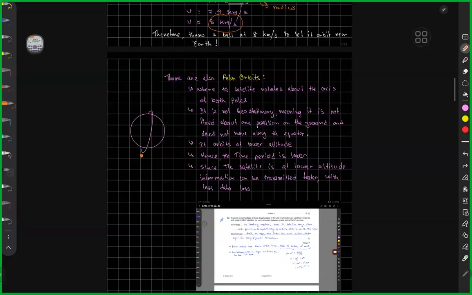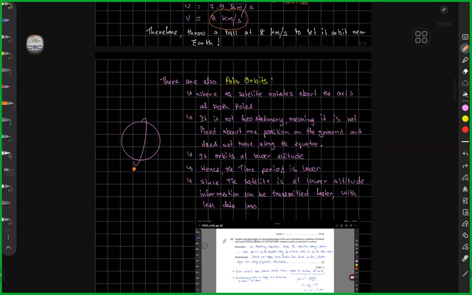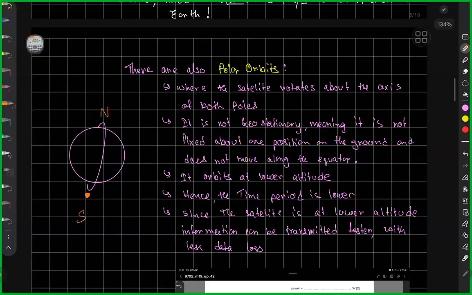Now there's a different kind of orbit, polar orbit. What is polar orbit? Polar orbit is still across the diameter of the planet. So if this is my north, this is my south. It's still across the diameter of Earth, but it's just not across the equator.